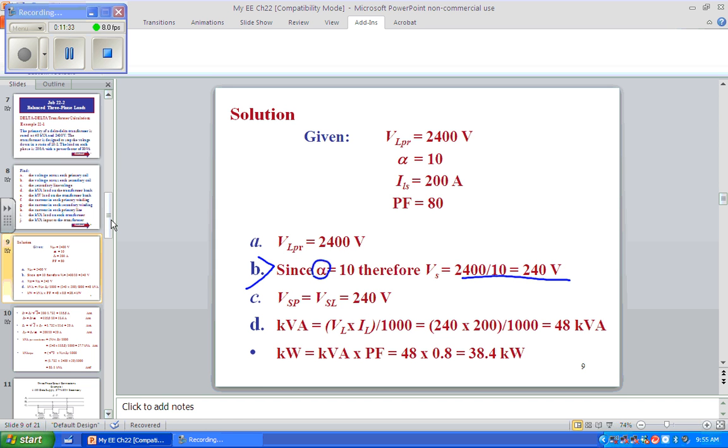So if you see this, they mean it's a 10 to 1 windings ratio. So I believe, if we have a voltage ratio where we have a primary voltage of 2400, I did that backwards, didn't I?